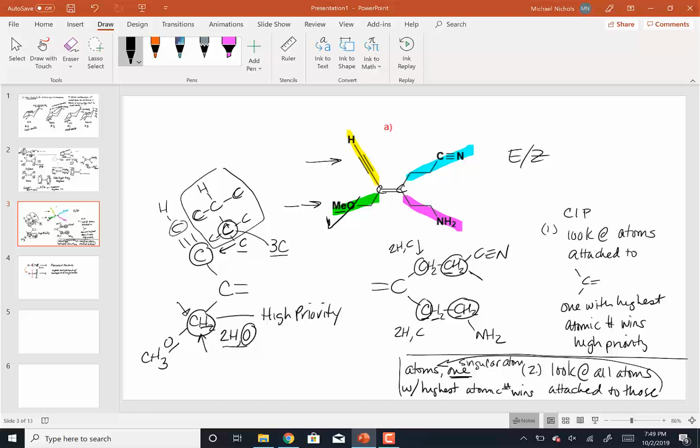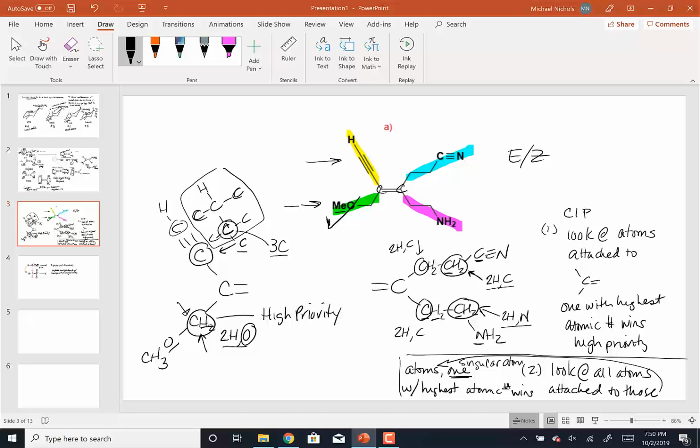What's attached to this carbon? 2 hydrogens and a C. What's attached to this carbon? 2 H's and an N. So now we compare 2 H's and a C versus 2 H's and an N. Is there one atom there that has the highest atomic number?